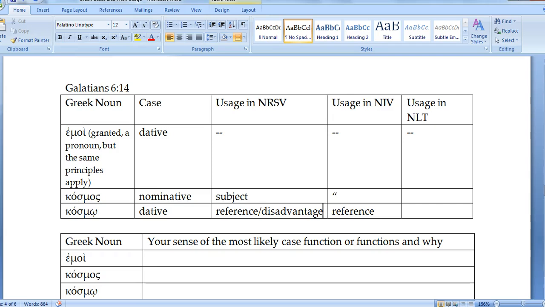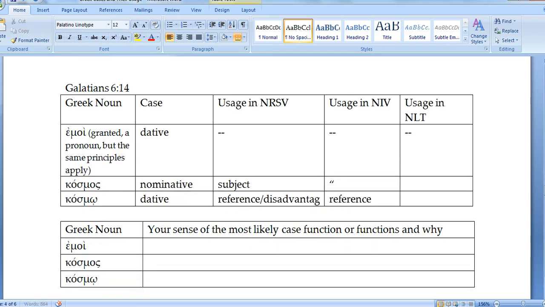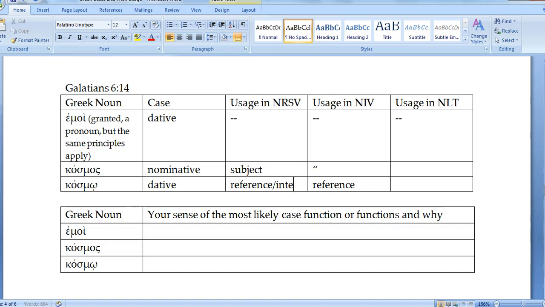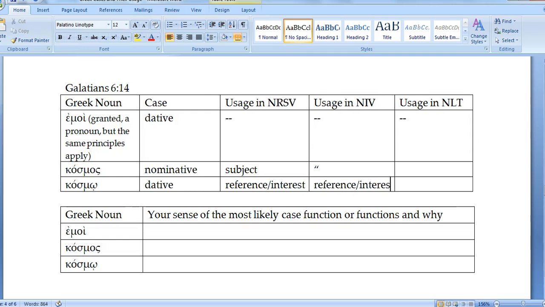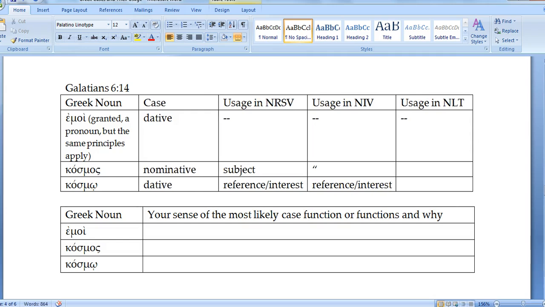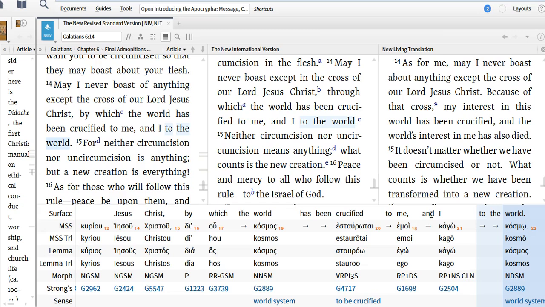The second usage of the dative is a dative of interest, which could be advantage or disadvantage. I did something to someone's or for someone's interest, or I did something against someone's interest. Here, the world has been crucified against my interest in it, and I have been crucified to the world's interest in me, so that we no longer relate to or benefit from one another.